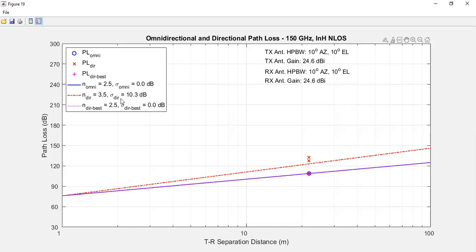Sigma is shown in dB. So apparently, it is showing the delay spread here.